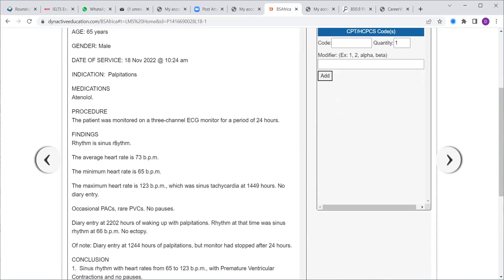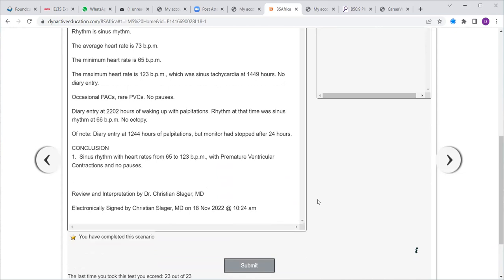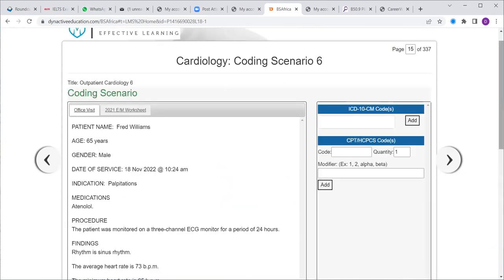Rhythm is sinus rhythm. Average heartbeat 73 beats per minute. Minimum heart rate 65 beats per minute, and so on and so forth. So you go on and on, and then the doctor's conclusion and his signature. And you, the coder, are to code this record.